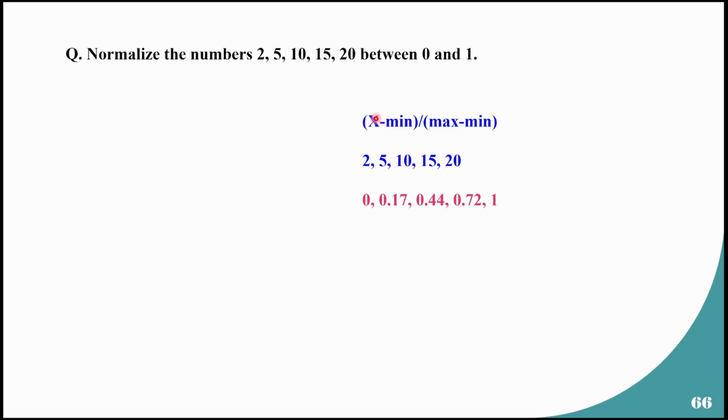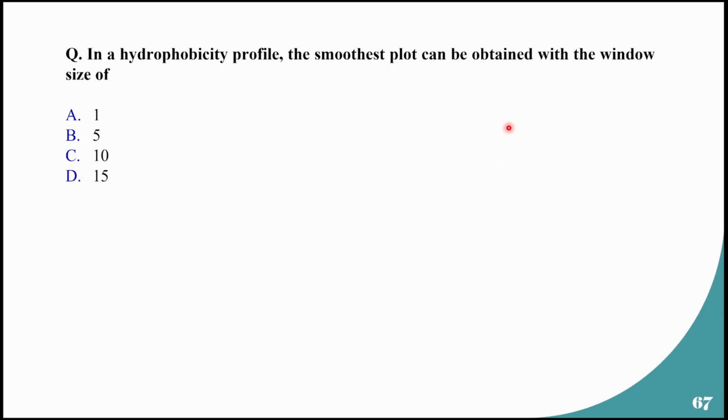Here, for example, the normalization formula for this set of values was x minus mean divided by max minus mean. This is the one for normalizing between 0 and 1. If you do the calculation, 2 in this case will become 0, and 20 will become 1. So remember this formula, as it was seen in earlier assignments also.